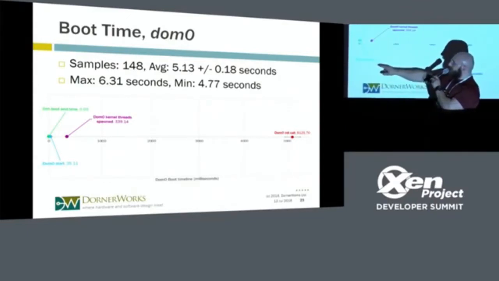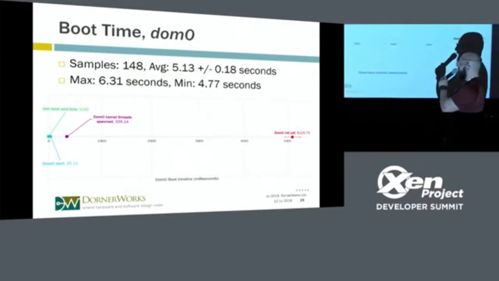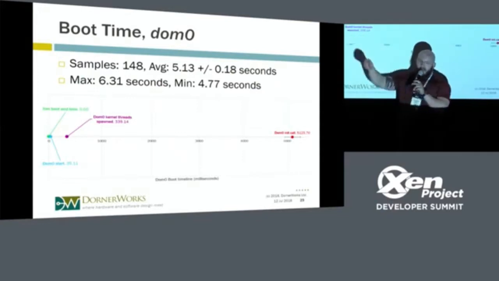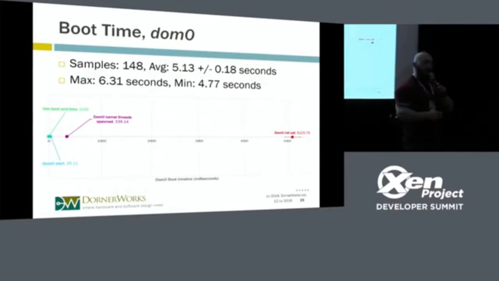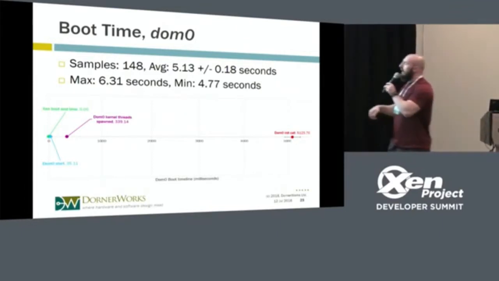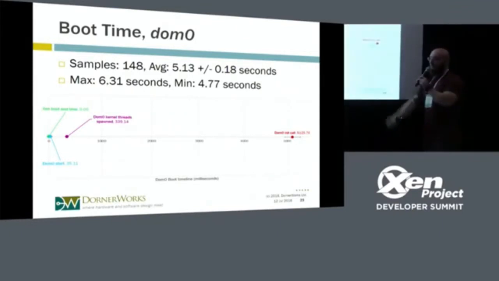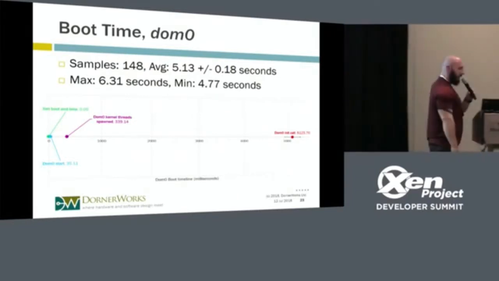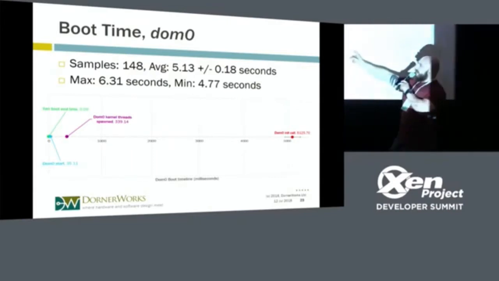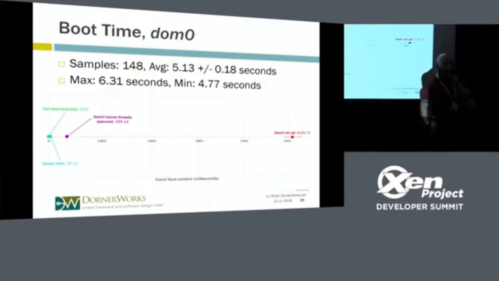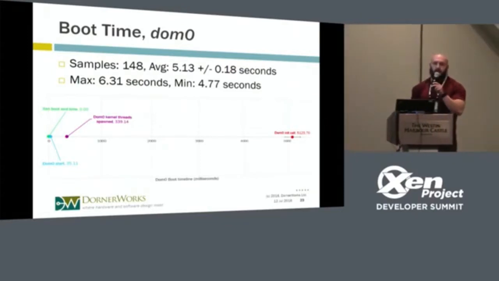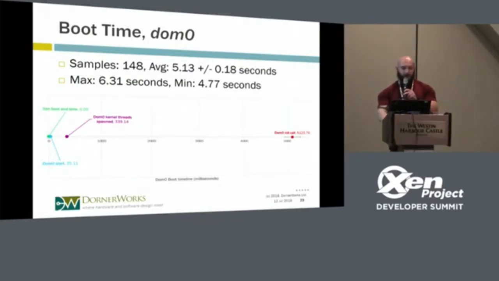DOM0 actually physically starts about 35 milliseconds after that. This is the point at which DOM0's Linux kernel has completed its most basic initialization, the point where we start the init processes. And then this is when we finally finish all the init processes and the kernel is fully up. So obviously this time frame in here is where a lot of optimization, a lot of configuration for your specific activity could be done to greatly reduce the time that this takes to boot.